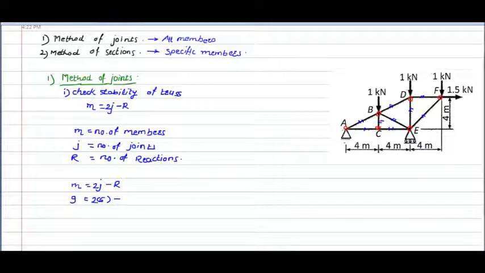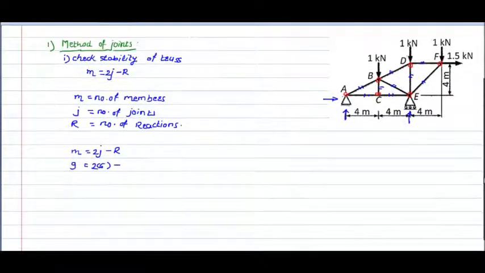If you have a hinge support, there we are going to show 2 reactions. For a roller support we are going to show a single reaction. Why it is so, I explained in my equilibrium part, so you can go through that part also.